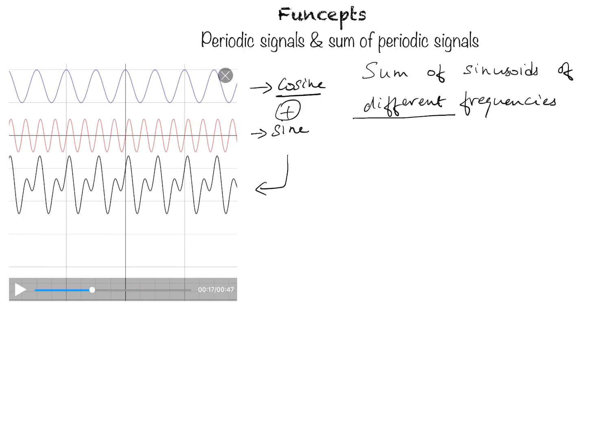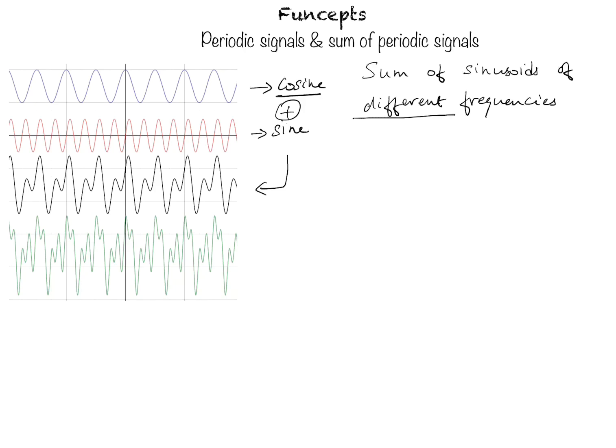Then we add one more waveform to this, and we see the effect. So when we add all 3 together, we get this waveform. The point that we want to note here is that the resultant is still periodic.